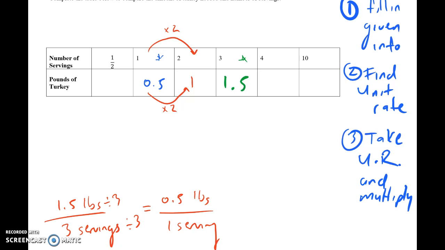Alright, now let's do the same thing for everything else. Now we have 4 servings. 1 times what gives us 4 servings? Well, that's times 4. Therefore, 0.5 times 4 gives us 2 pounds.